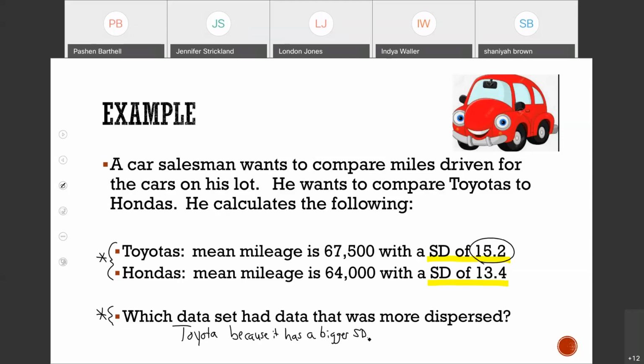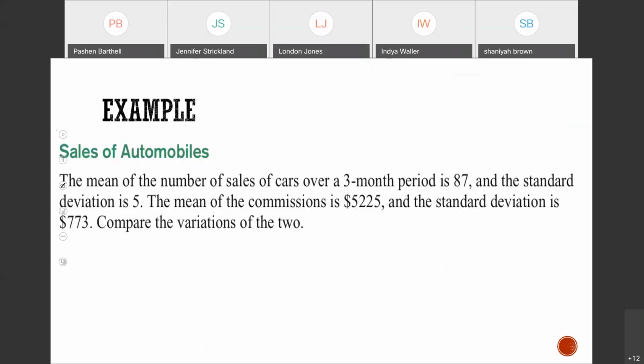All right, so let's look at another example. So this one says, I'll tell you what, let's not write the problem. We'll write some information down, right? So I'm going to read it and let's write as we go. All right. So the first sentence says the mean of the number of sales of cars over a 3-month period is 87.